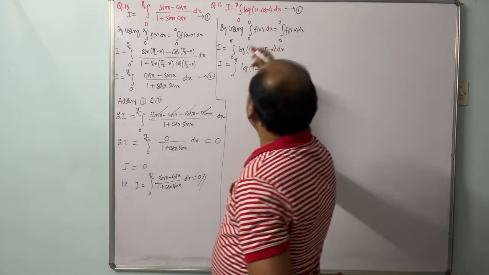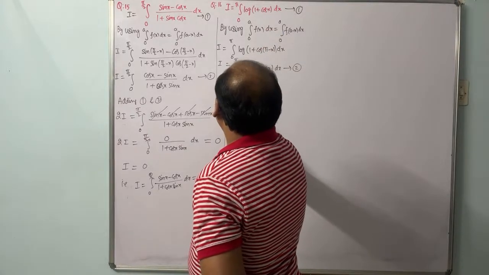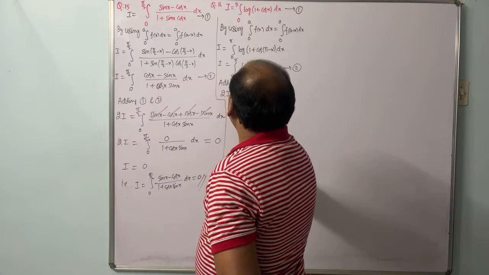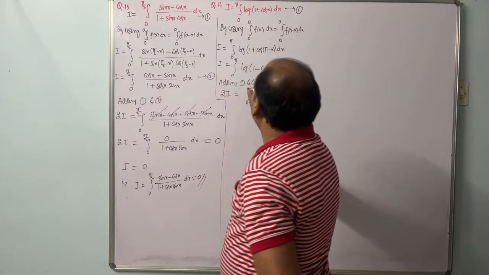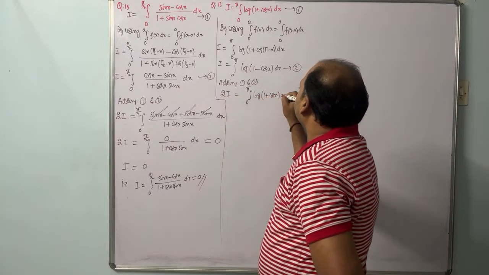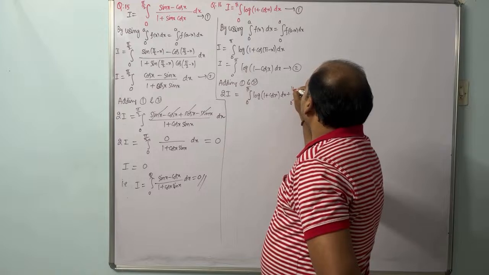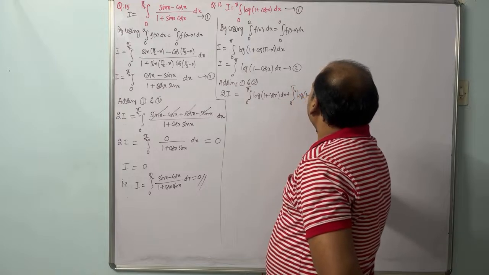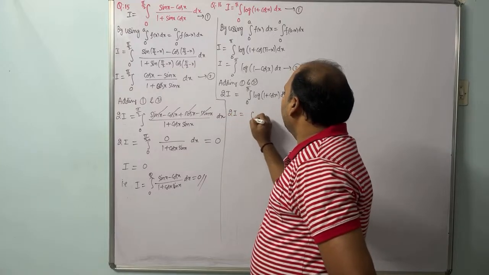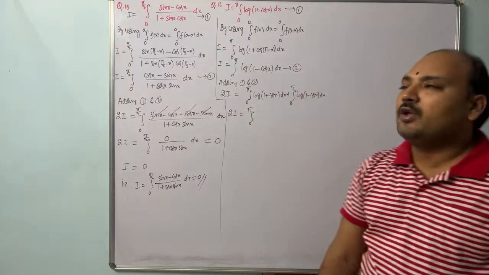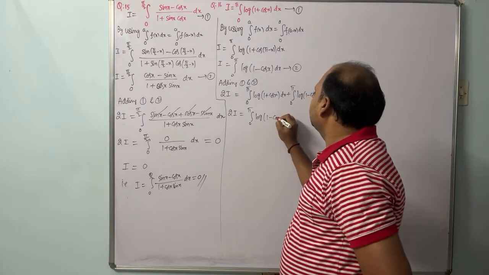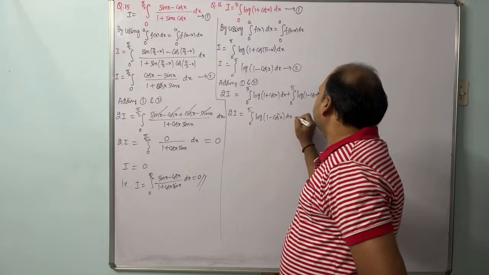After that, adding 1 and 2. So I plus I is 2I equals integral 0 to pi of log of (1 plus cos x) dx plus integral 0 to pi of log of (1 minus cos x) dx. So 2I equals integral 0 to pi of log a plus log b, both limits are the same, so log ab, that means (1 minus cos square x) dx.